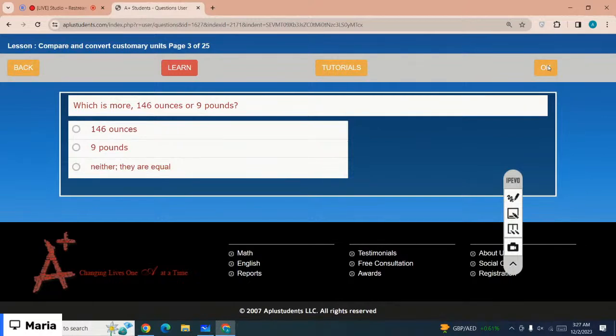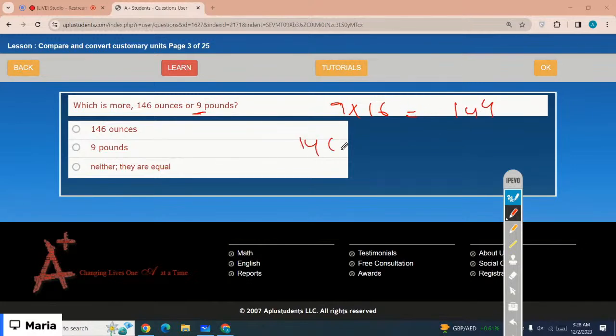Okay, the next one is, which is more, 146 ounces or 9 pounds? So which is more? Just convert the value. We know that 1 pound equals 16 ounces, right? So convert 9 pounds to ounces. So 9 times 16: 9 times 6 is 54, and the total is 144. So you can see here you have 146 ounces and here you have 144 ounces.